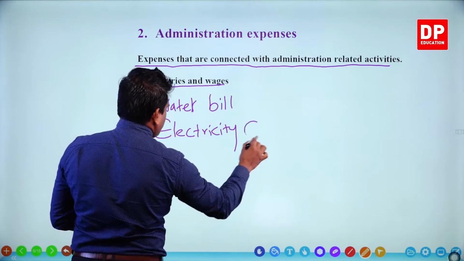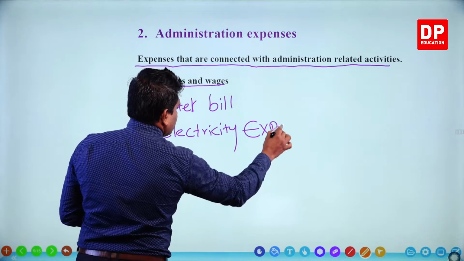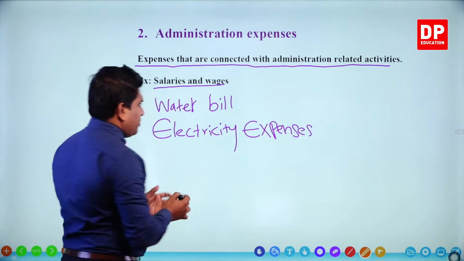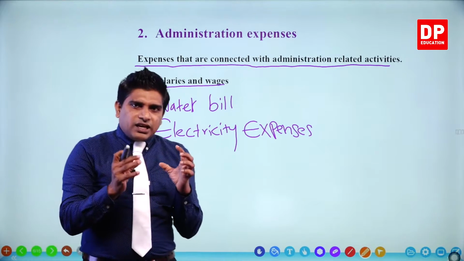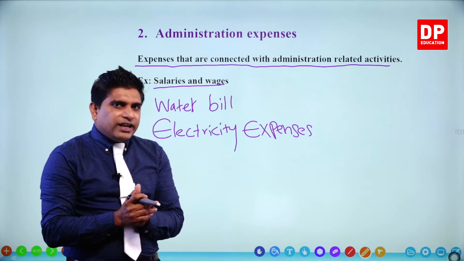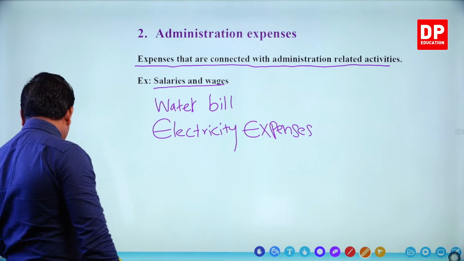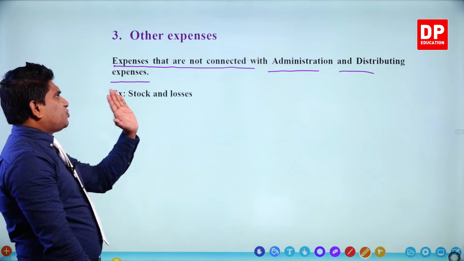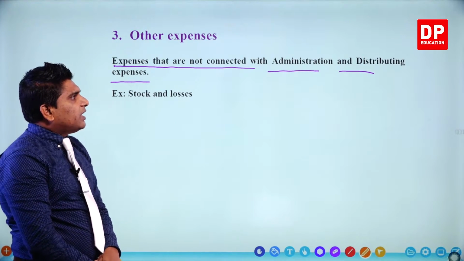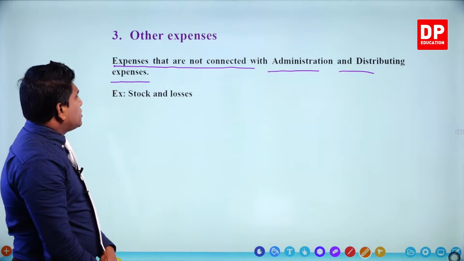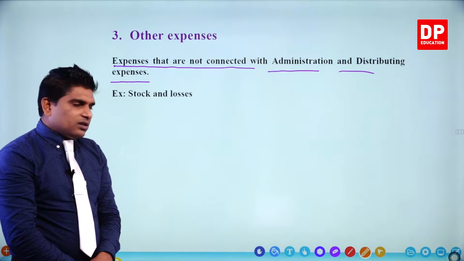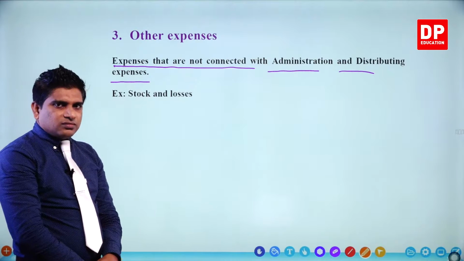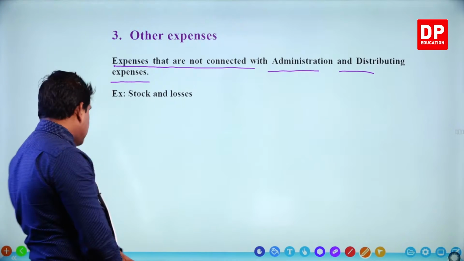Remember, these are all expenses connected with administration related activities. These are the examples. Now the next one, other expenses. Expenses that are not connected with administration and distributing expenses. Stock losses and stolen cash are the things.